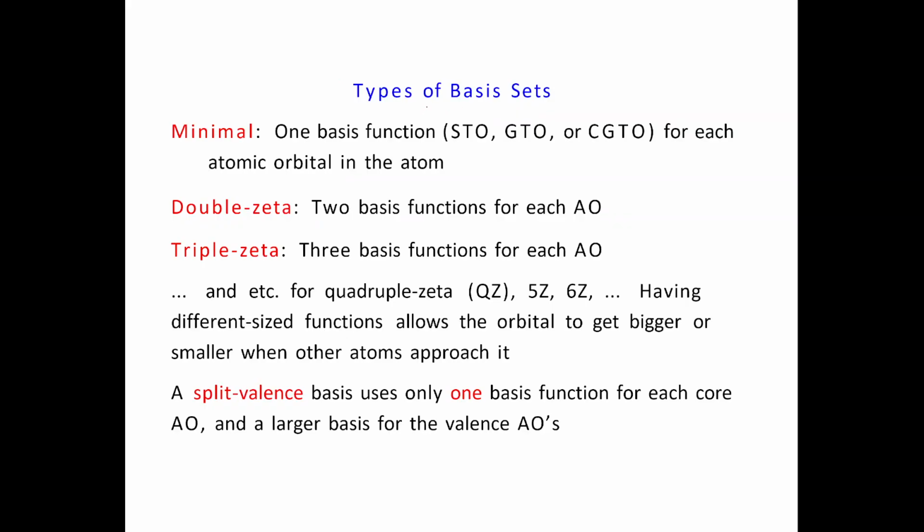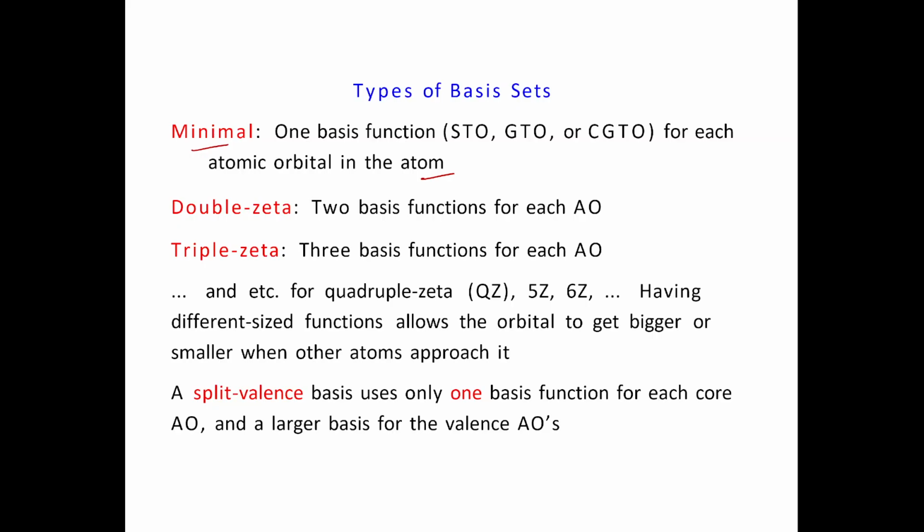Now there are different types of basis sets. There is the minimal basis set. So what is a minimal basis set? A minimal basis set is where you use one basis function, a Slater type orbital or contracted Gaussian type orbital, for each atomic orbital in the atom. So if you have an H2 molecule, you will use one basis function for the 1s atomic orbital.